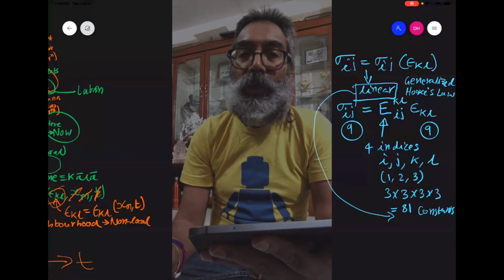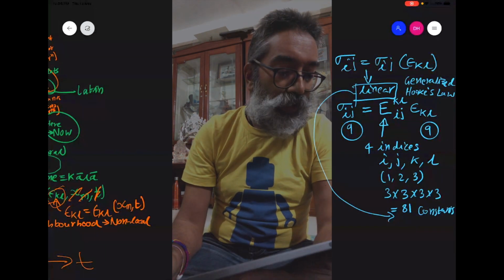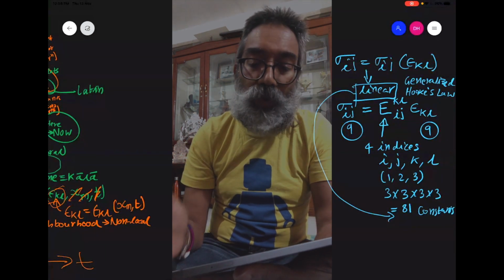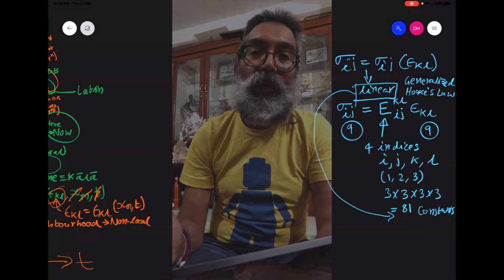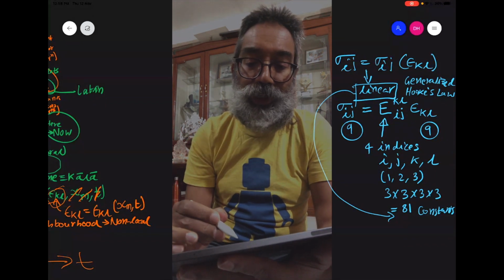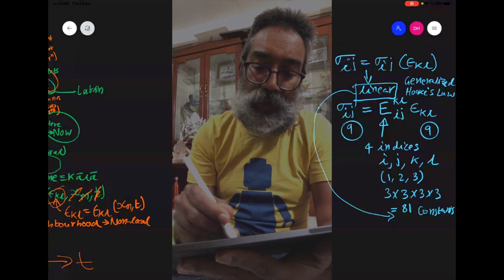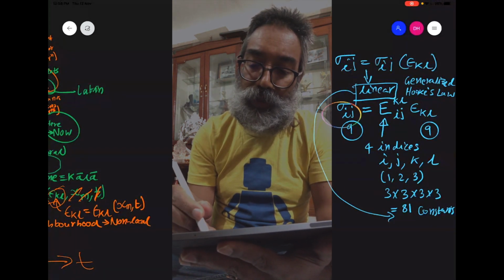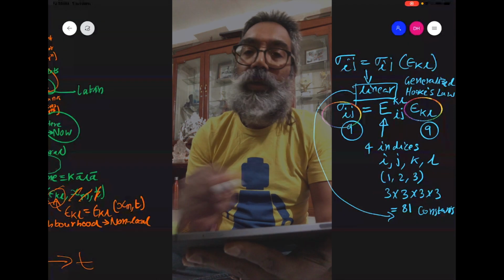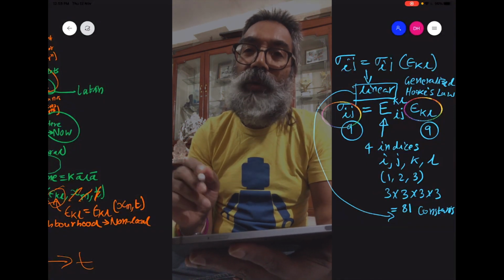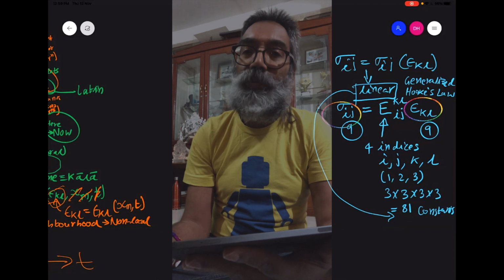In other words, they don't change with the strain. So if you increase the strain also, E remains constant. So in other words, the relationship between the stress and the strain remains the same whatever the strain value might be.